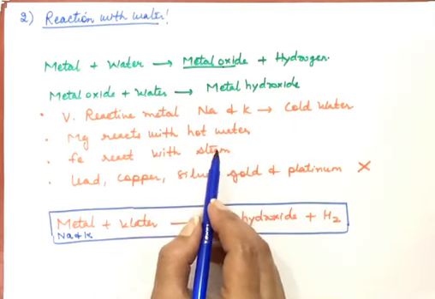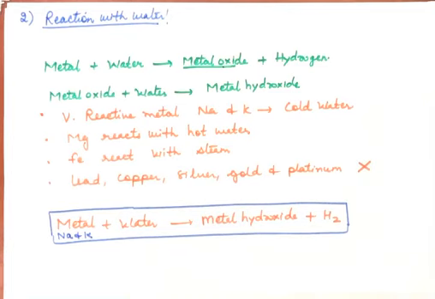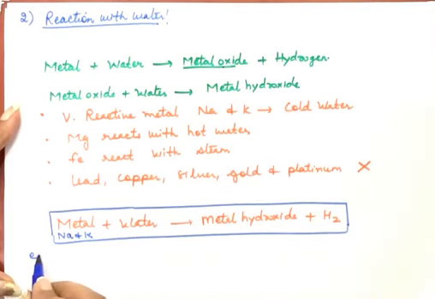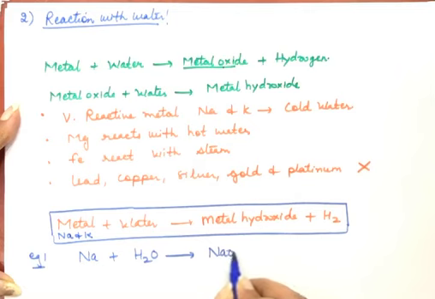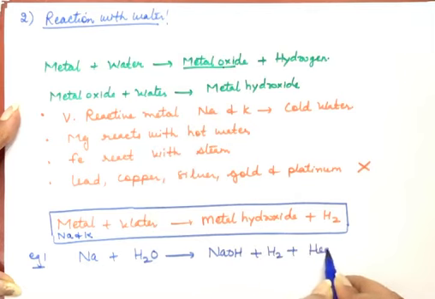That depends on the reactivity of this metal. So I'm taking examples here, like sodium and potassium. The first example I'm writing is sodium reacts with water, forming sodium hydroxide plus hydrogen, but a lot of heat is evolved during this reaction.